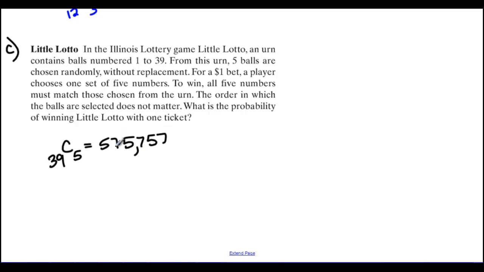So this is the number of ways to choose 5 balls from these 39. If you buy a ticket, you have one of those combinations. So there's almost 600,000 different combinations and you're purchasing one. So the probability of winning with 1 ticket is going to be 1 out of the 575,757.